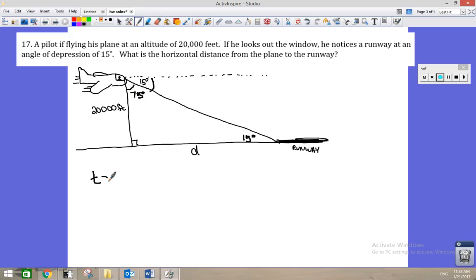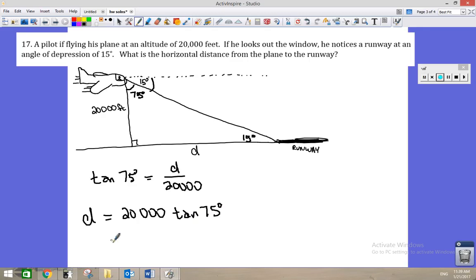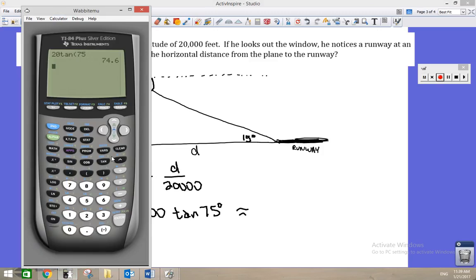We've got the tangent of 75 degrees being the opposite leg over the adjacent leg. So D is equal to, if we multiply both sides by 20,000, and if we go to the calculator, if we take 20,000 times the tangent of 75, one thing I don't like about these calculators is that it doesn't give the comma in there.